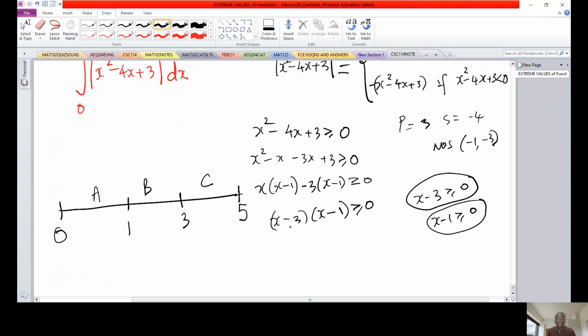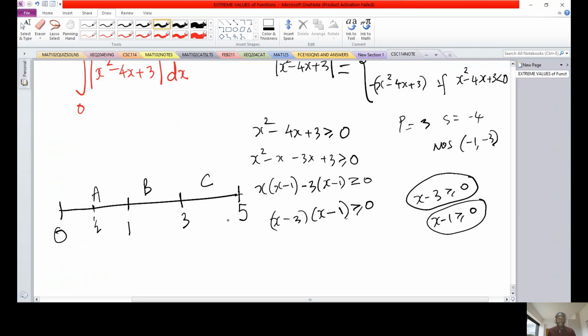So from just this equation here, x minus 1, x minus 3, x minus 1 greater than or equal to 0, this is the one that will be defining the first formula. So from 0 to 1, pick a number like, say, a half. When you put a half here, you get a negative value. When you put a half here, you get a negative value.